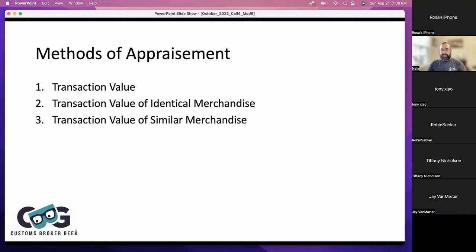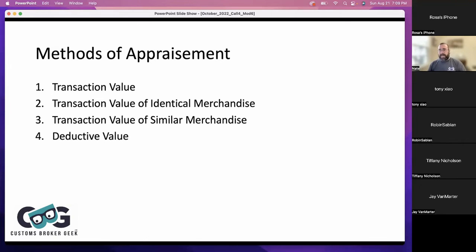But if there was no other AA Energizer batteries shipped, but there were AA Duracell batteries, that would be transaction value of similar merchandise. Okay, so identical is the exact same product. Similar is commercially interchangeable. It'll work, it's interchangeable, but it's not the exact same product.